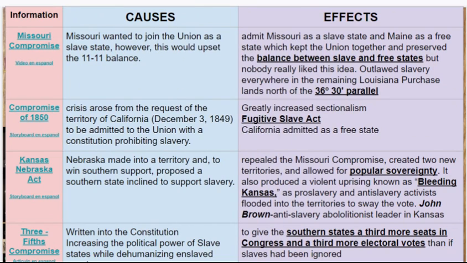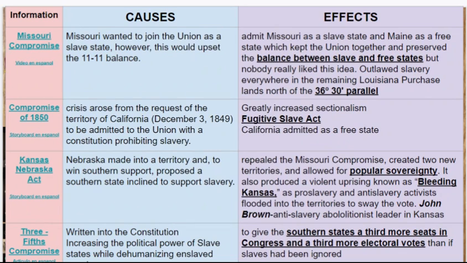The Kansas-Nebraska Act repeals the Missouri Compromise, creates two new territories, and allows for popular sovereignty. So popular sovereignty meaning that the population of that territory can decide whether that territory will be a slave state or a free state.